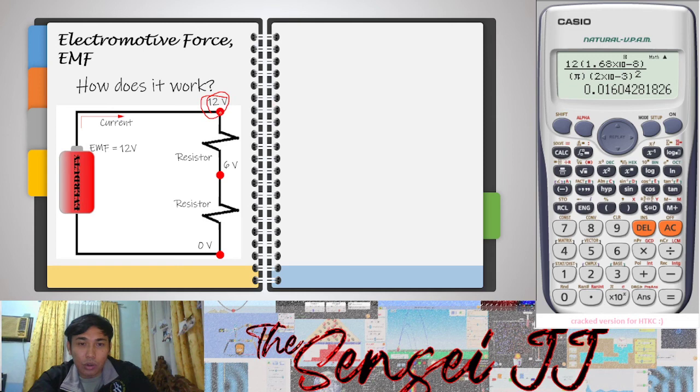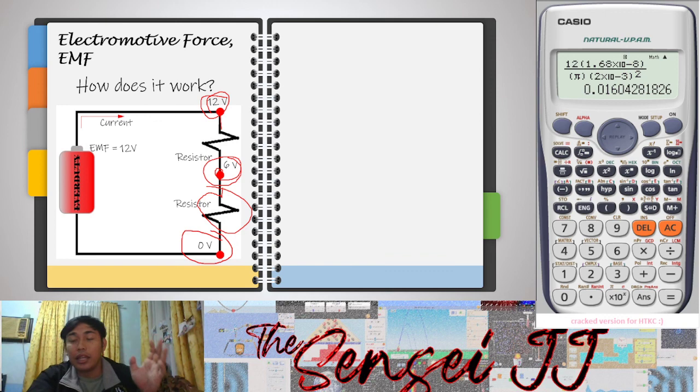When it passes through our resistor it will become 6 volts, and then when it passes through the last resistor, it will take up the rest, leaving zero voltage.